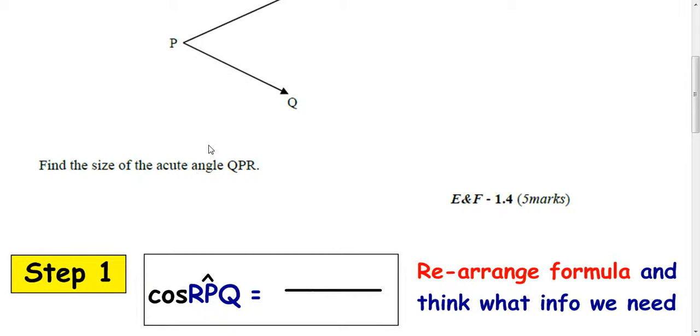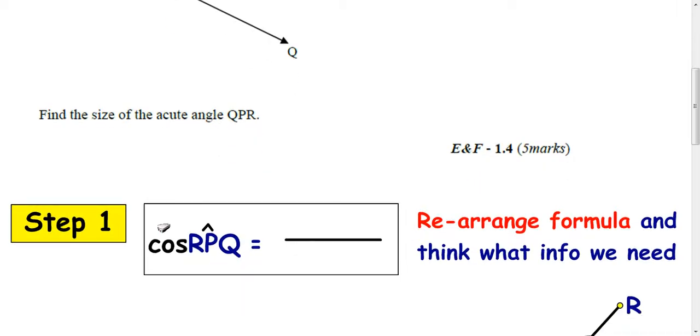The way to get this is firstly to create a formula from the formulas in the formula sheet. Now the formula that they require is to get the cos of RPQ, you take the dot product of the two vectors and then divide it by the magnitude of each vector multiplied.